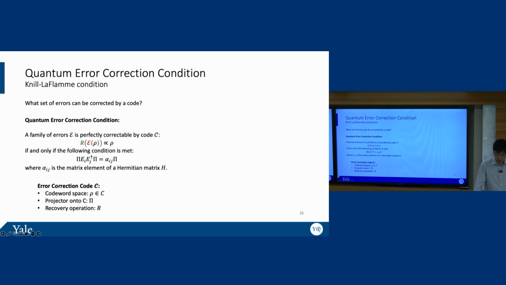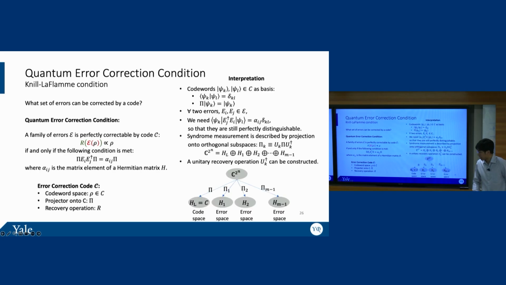So I'm not going to introduce the mathematical definition in depth, but to offer the intuitive interpretation of the error correction condition, or the Knill-Laflamme condition, it's in fact pretty straightforward.